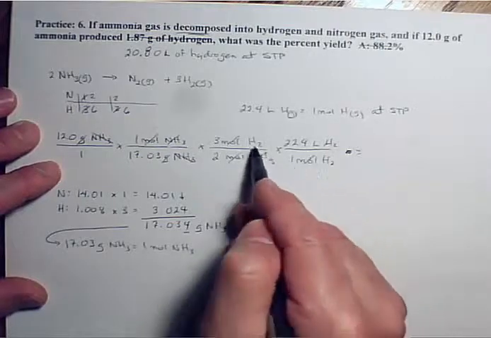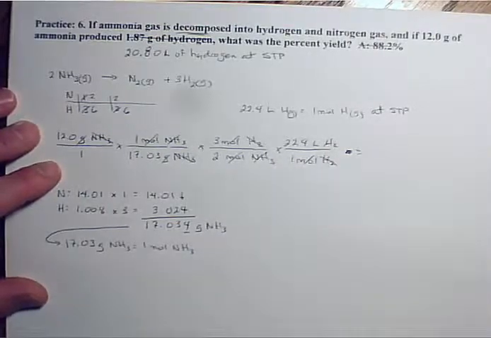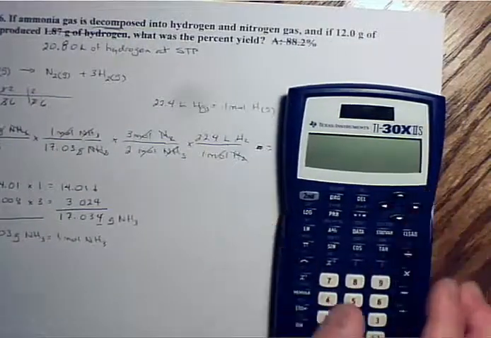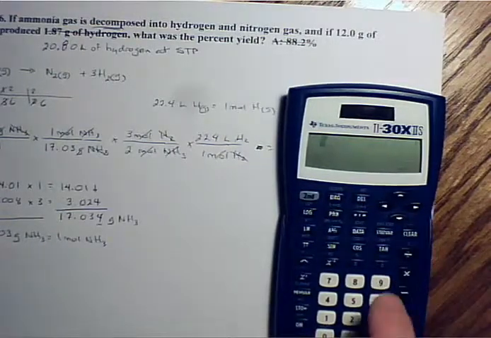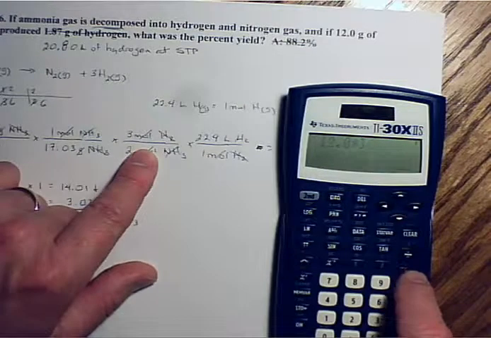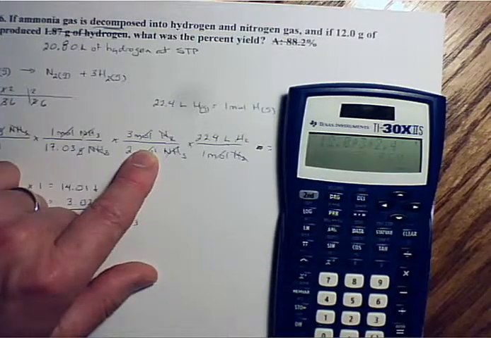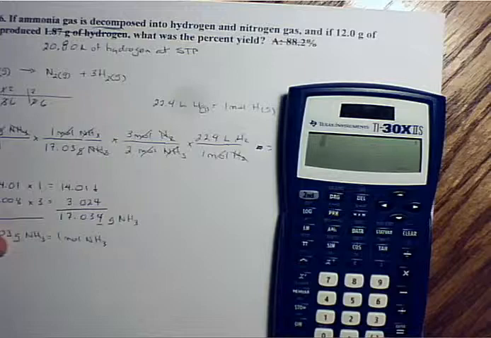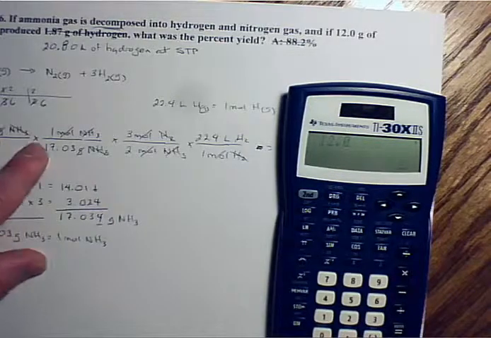Well, I got to cancel units here and species here. Oh, I put in the wrong number for 22.4, so let's do that again.